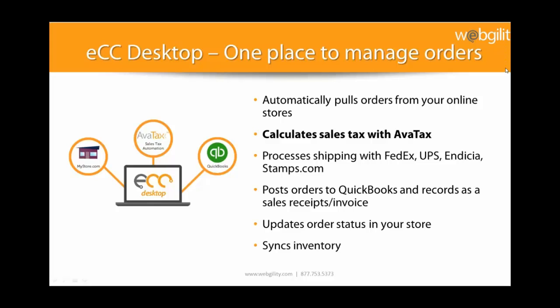And when you're posting orders to QuickBooks and also using Avalara AvaTax to generate that correct sales tax, you can record those transactions either as sales receipts or invoices. And when you're doing shipping, you can update the online order status and send the tracking information to the online shopping cart. And if you have inventory or are using multiple channels, eCC Desktop can also synchronize your inventory between your multiple shopping carts and your QuickBooks.